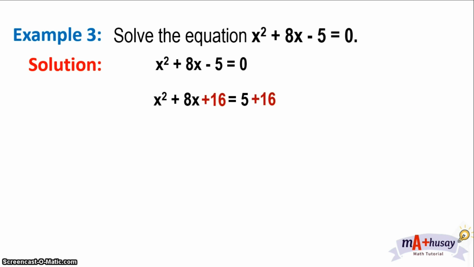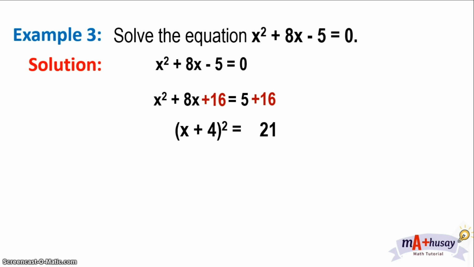Now, we have a perfect square trinomial on the left side and we have to combine 5 and 16. So, we have 21 on the right side of the equation. Now, again, since we have a perfect square trinomial, x squared plus 8x plus 16, pwede natin siyang i-rewrite as the square of binomial, which is x plus 4 squared.